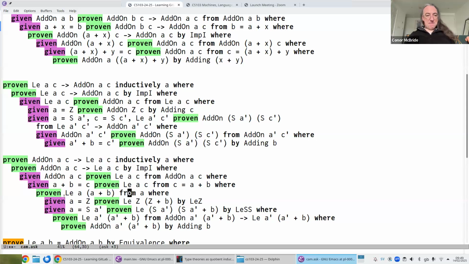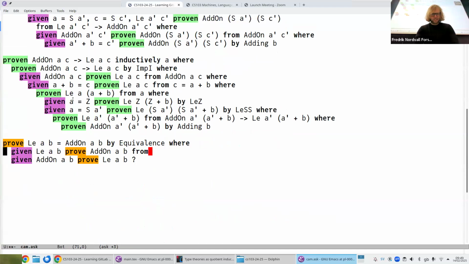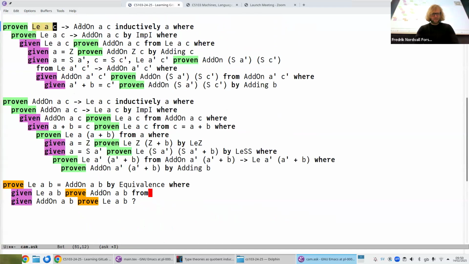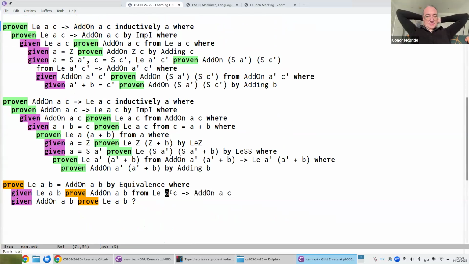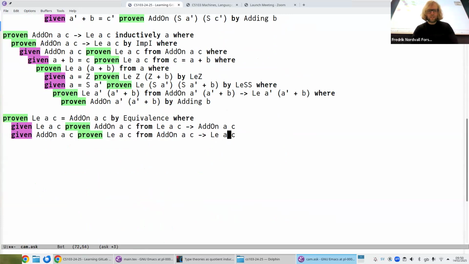Okay, and now if I wanted to package this up as an equivalence, then I guess all I do is I say from the two proofs we just did. Change these to C's as well.